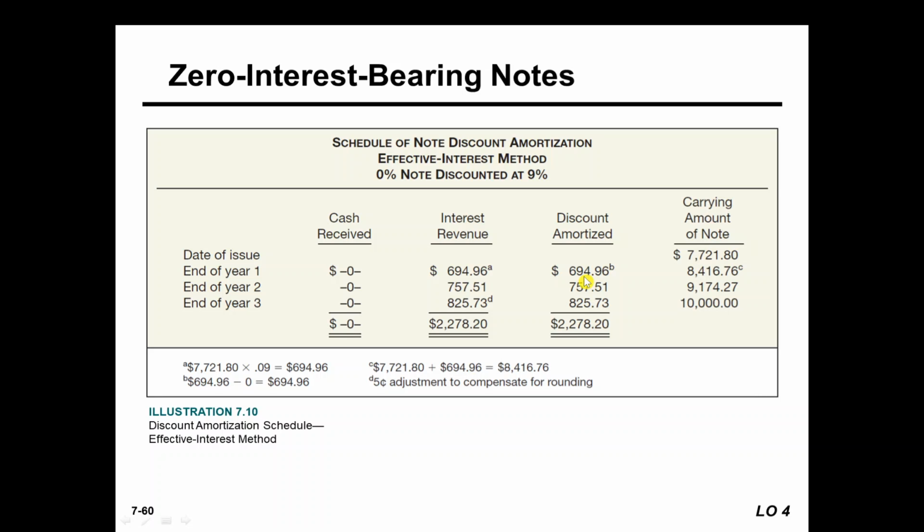Then this interest revenue is deducted by the cash received, so we arrive at the same amount in discount amortized, and we use the same procedure here. The carrying amount of the note is 7,721.8 plus 694.96, so it equals 8,416.76, and so on.